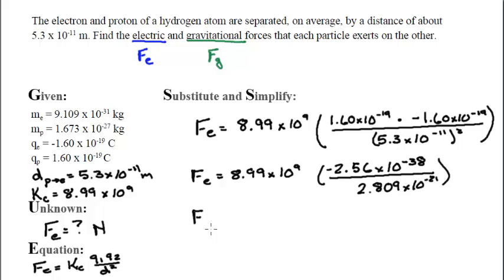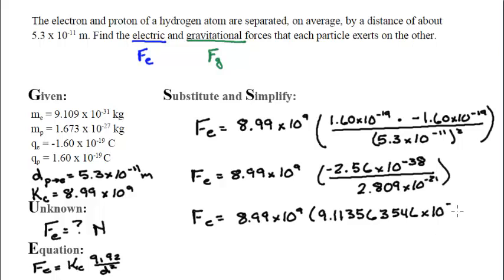Next, I'm going to solve the parenthesis. 8.99 times 10 to the 9 times 9.11356356 times 10 to the negative 18.